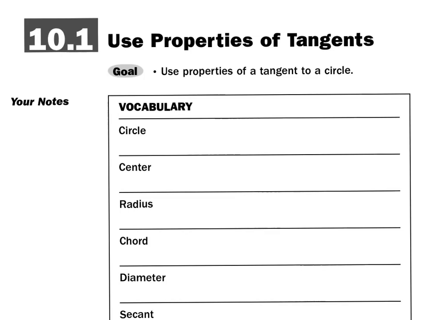10.1, use properties of tangents. Circle. Okay, here's the formal definition of a circle.